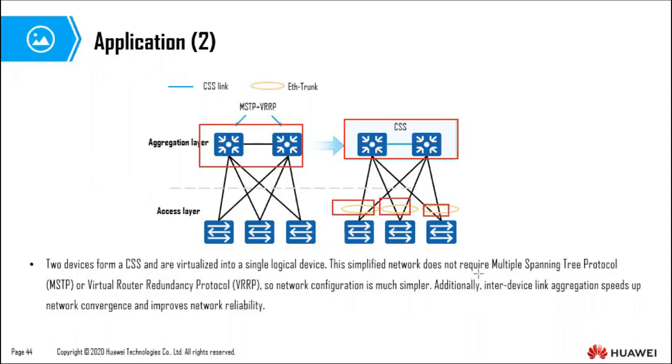You don't need to deploy STP, MSTP, or another protocol called Virtual Router Redundancy Protocol. If you want to understand the function of this protocol, please watch my HCIP videos. So this makes network configuration much simpler. Additionally, inter-device link aggregation will speed up network convergence and improve network reliability.